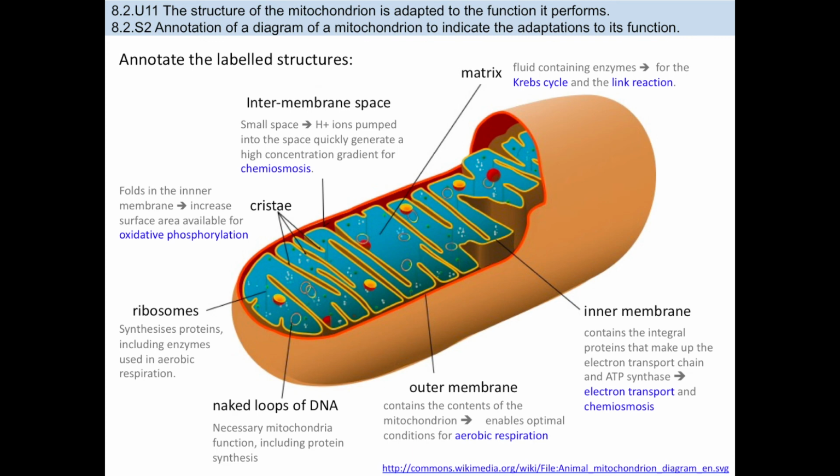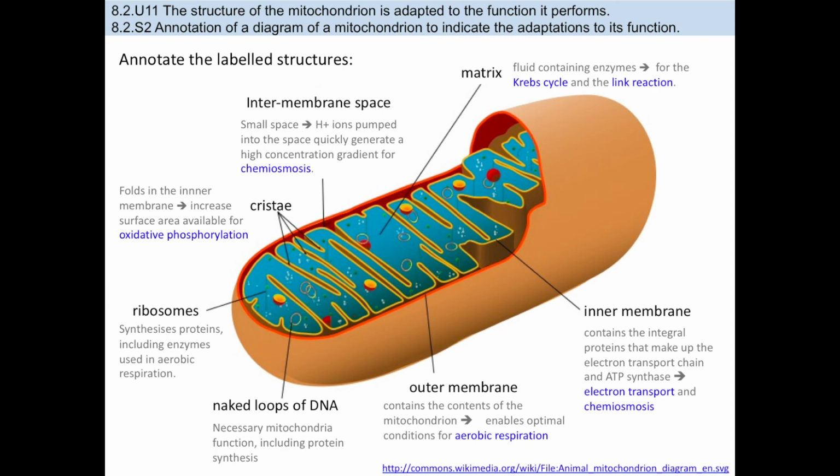Do you think the intermembrane space has an importance? Okay, don't read. What is the importance of the intermembrane space? The intermembrane space needs to be smaller, for the gradient. Small. Why? The smaller it is, the faster you can establish that gradient.